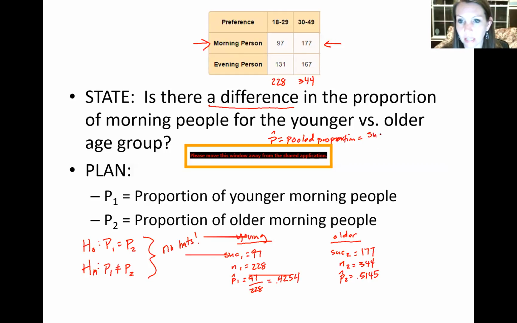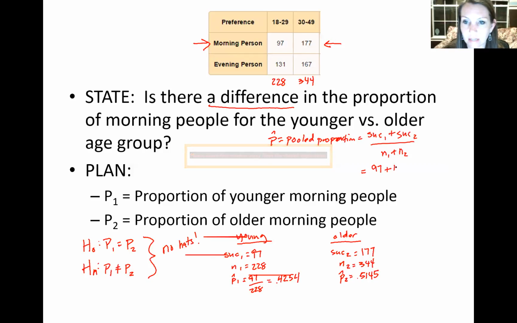So you look at the total number of successes in both samples combined, divided by the total number of observations in both samples combined. So in this case, we're going to have 97 plus 177 in the numerator, and then 228 plus 344 in the denominator.